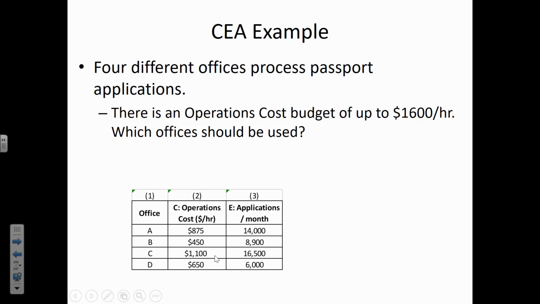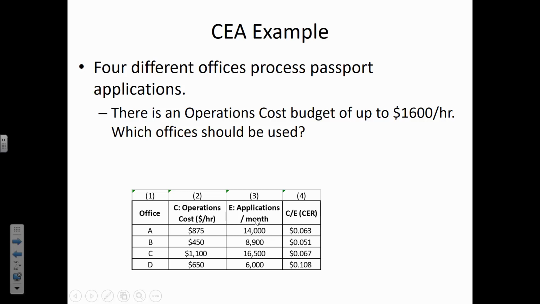And so here's the procedure. What we do is we first of all calculate the cost relative to the effectiveness. And in this case, the effectiveness is applications per month. And so what I've measured here is I have the cost in dollars divided by the applications per month that are being generated.